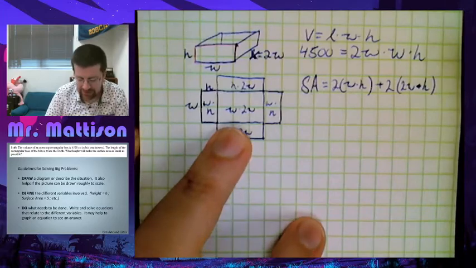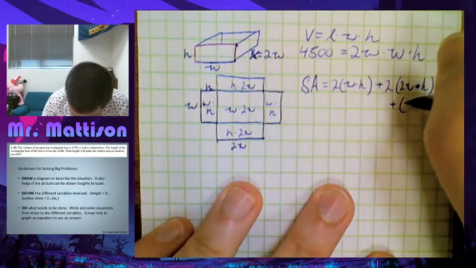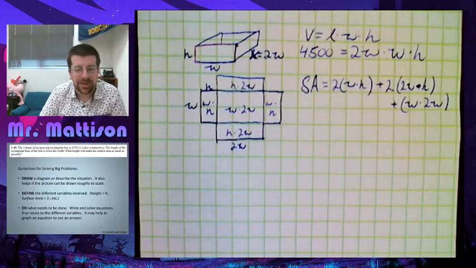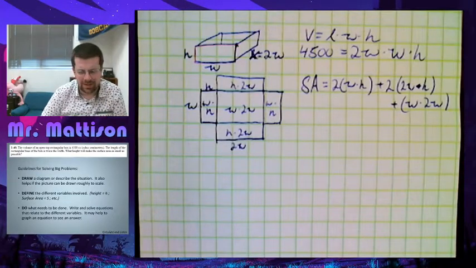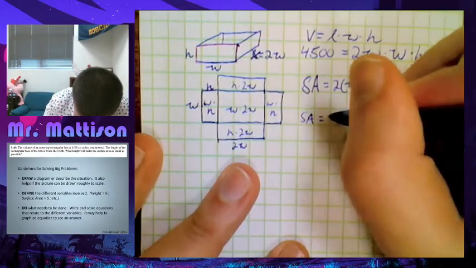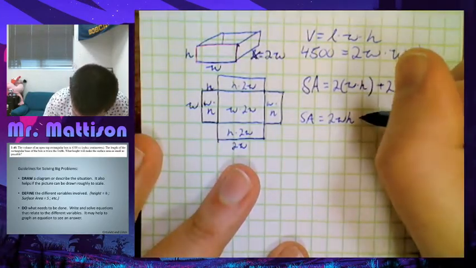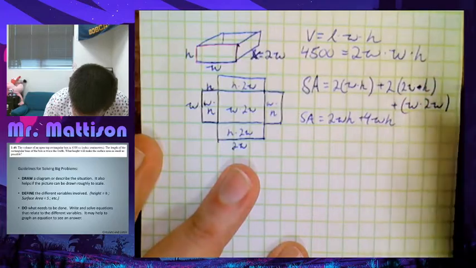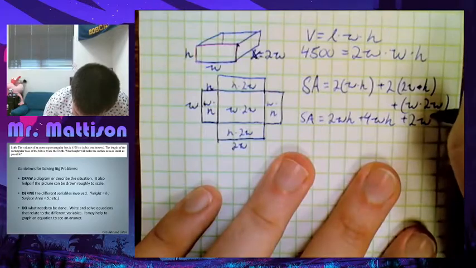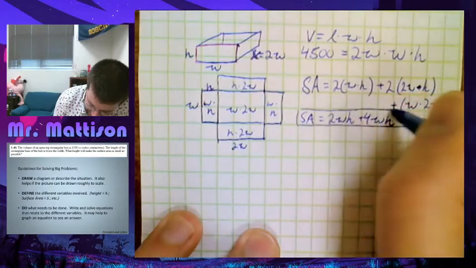And then I need to add a single W times 2W. Okay, so that's going to be my equation for my surface area. So I can clean that up a little bit. I'm going to go ahead and do that now. So my surface area is going to be 2WH plus 4WH, and then plus 2W squared.